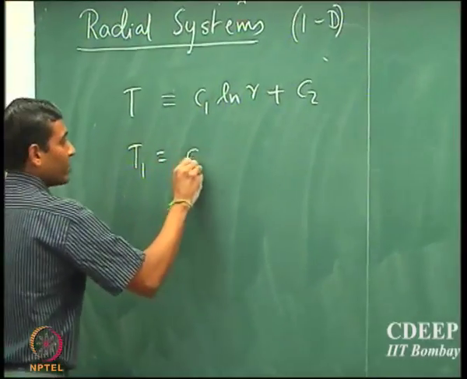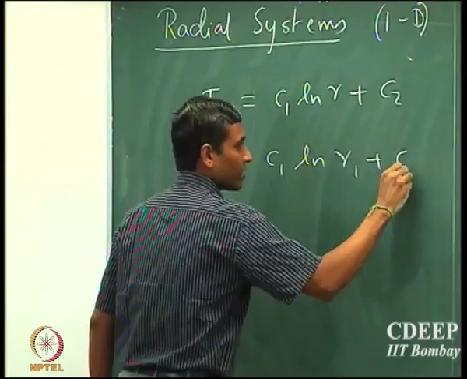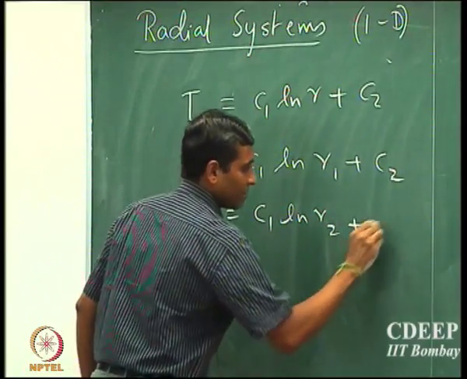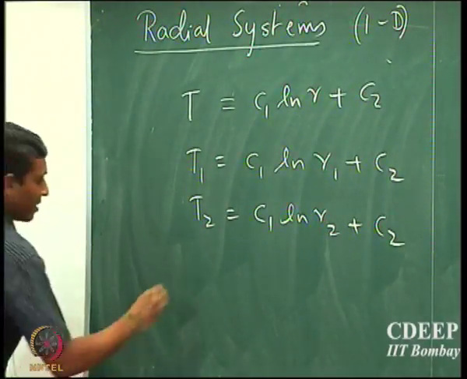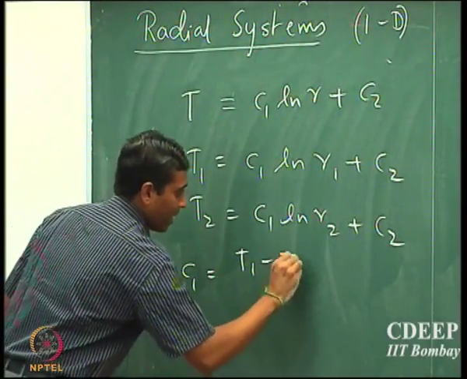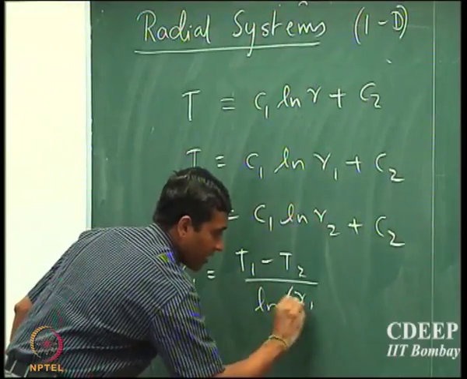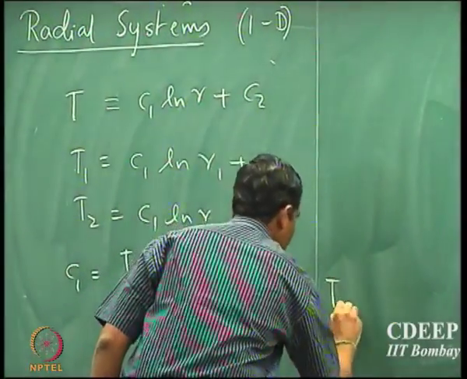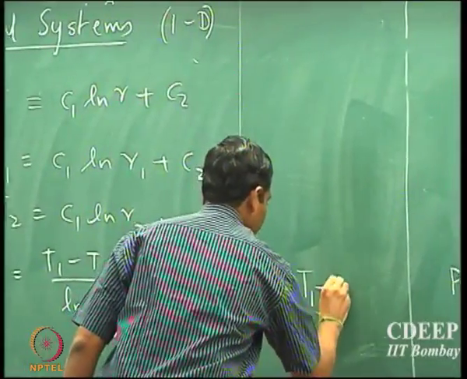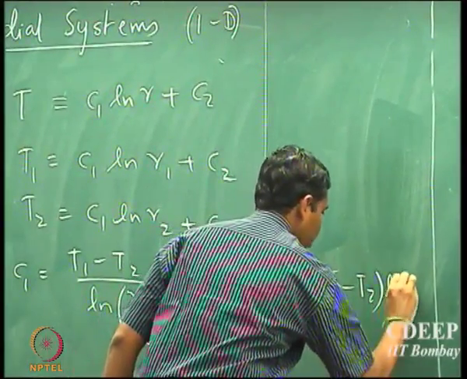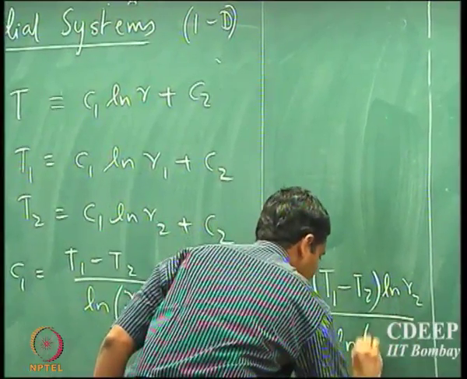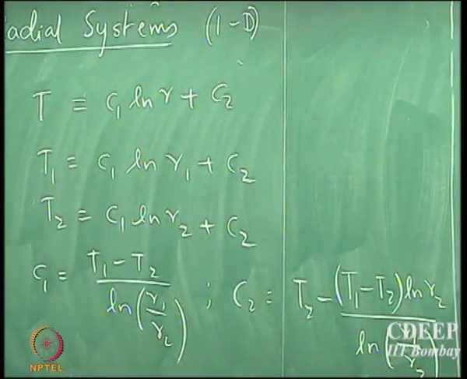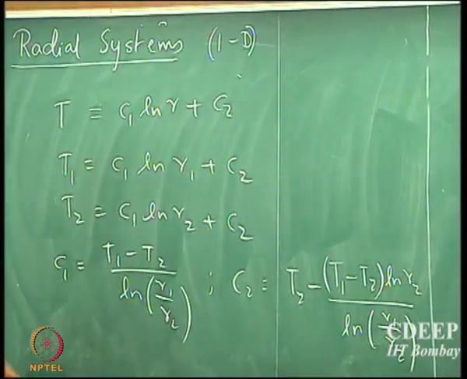So T1 will be C1 ln R1 plus C2, and T2 will be C1 ln R2 plus C2. From here we can find that C1 is (T1 minus T2) by ln(R1 by R2), and C2 is T2 minus (T1 minus T2) ln R2 divided by ln(R1 by R2). It's quite easy, you can almost read it out by solving these simultaneous linear equations.